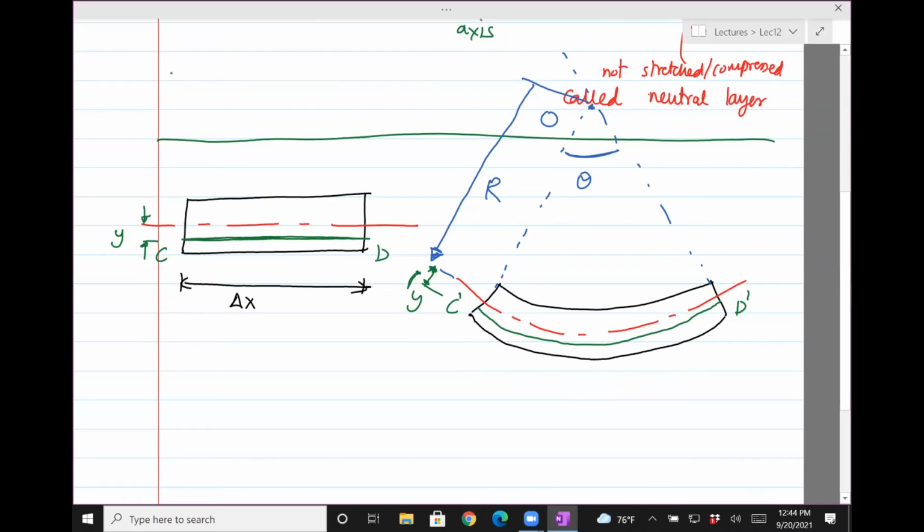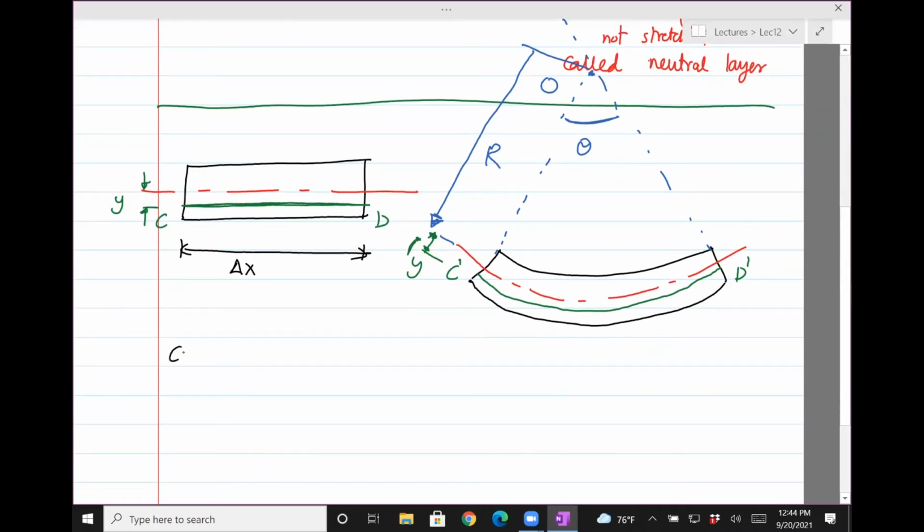Okay, so once we have that, now the question is, what's CD? CD, you can see over here on the left side, is delta x, right? But delta x is also the length of the unstretched portion of the stretched beam. Okay, if you remember simple trigonometry, arc length is R times theta.